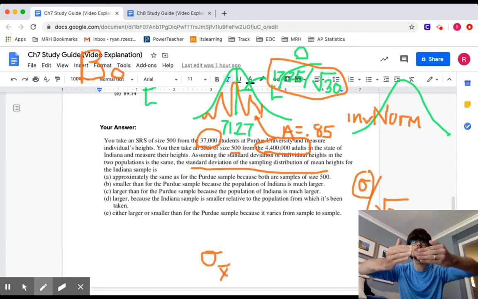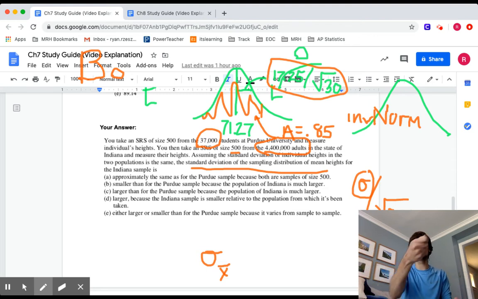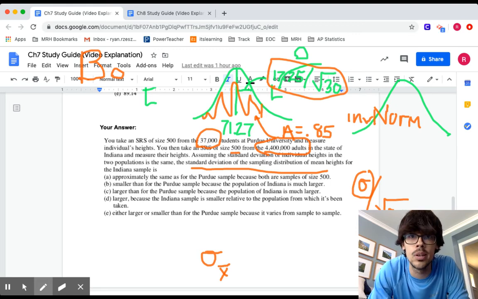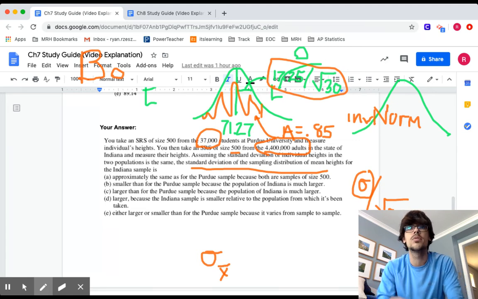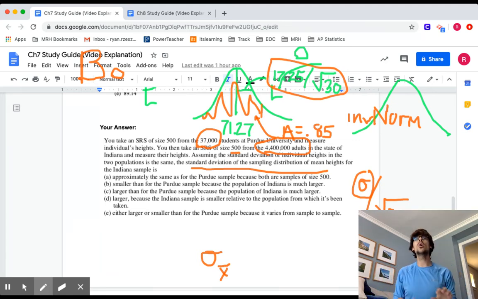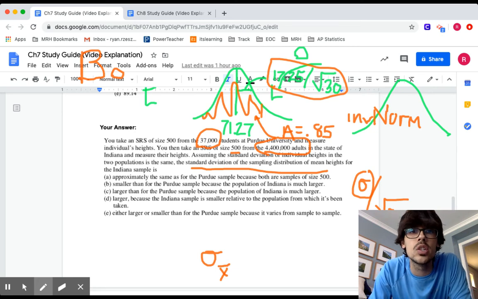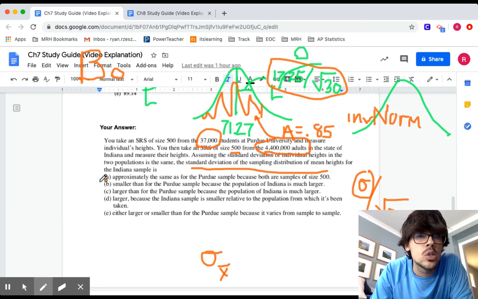Doesn't matter if my ice cream tub is this big or my ice cream tub is this big, the scooper is probably going to look about the same no matter which tub I pull it from. The size of the scooper is a lot more important than the size of the tub. Population size doesn't do a lot for us in terms of changing variability as long as we're still under the 10% condition, which we totally are in both cases. So correct answer for this one is going to be choice A.